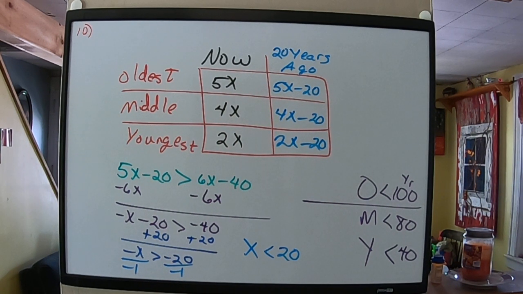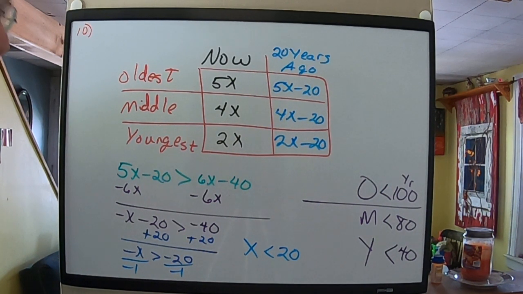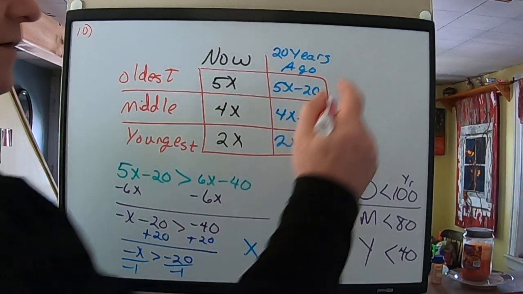Great. Well, here's the other half of that problem. If the youngest had to exist 20 years ago, that means the smallest it can possibly be now is 20.